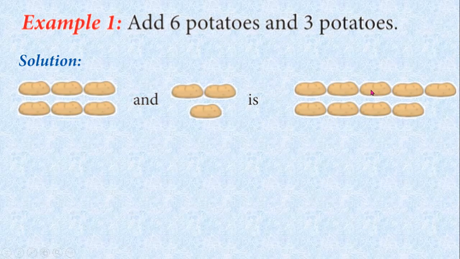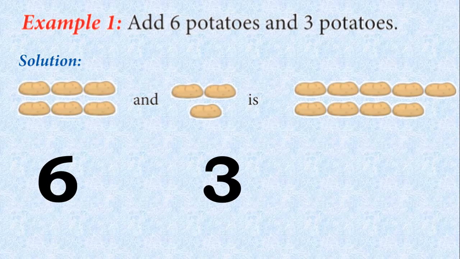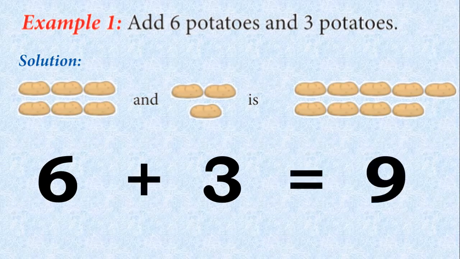1, 2, 3, 4, 5, 6, 7, 8, 9. Therefore, 6 plus 3 is equal to 9. We should read this as 6 plus 3 is equal to 9. 6 potatoes plus 3 potatoes is equal to 9 potatoes.